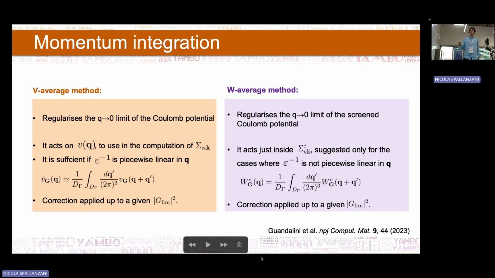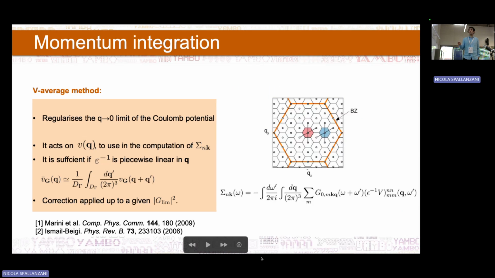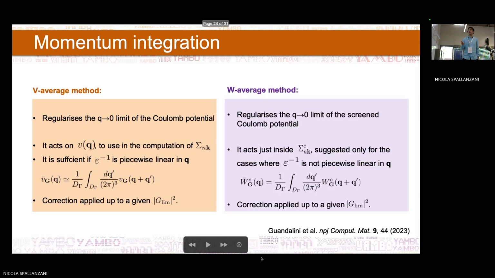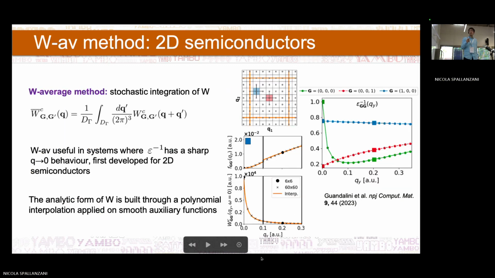And you keep only the single particle propagator as piecewise constant. Why is this necessary? Well, you can look at this plot here by Berkeley.